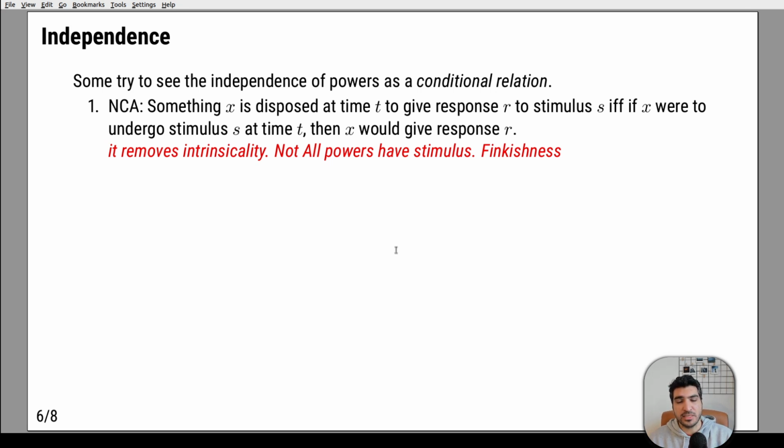The analysis says that X has the power if and only if X would give that response if that stimulus has happened. So if I close the switch and the metals are attracted to the metal rod, we're supposed to say that the metal rod has the power to attract those metal particles. Or in other words, that rod is a magnet.